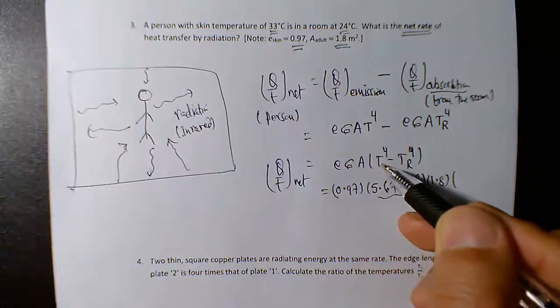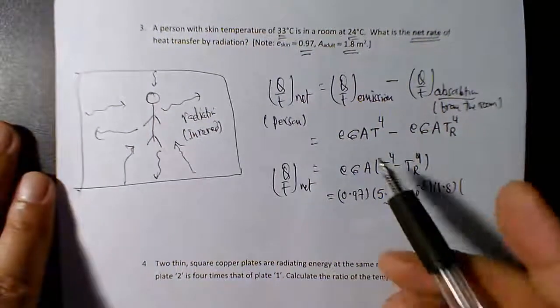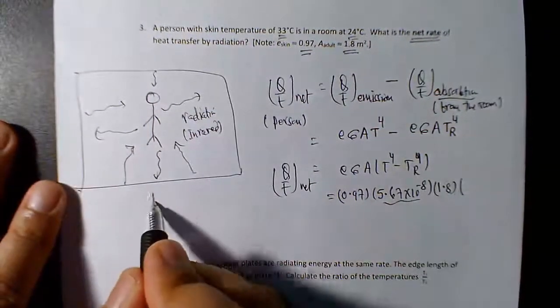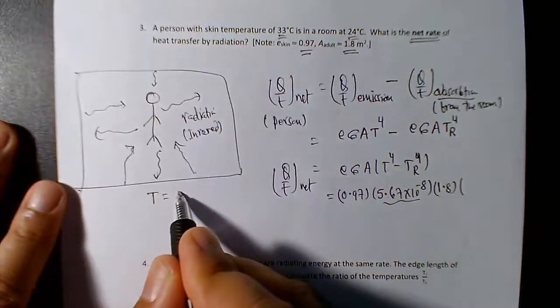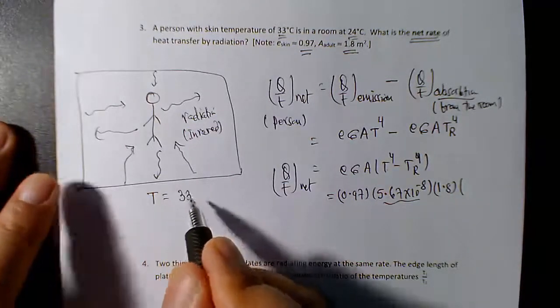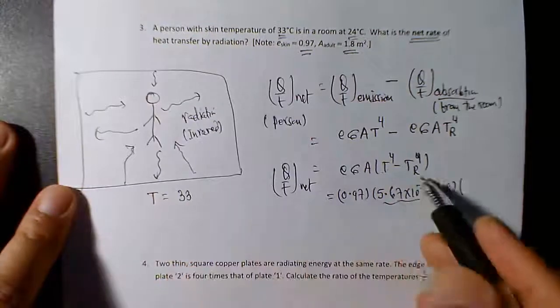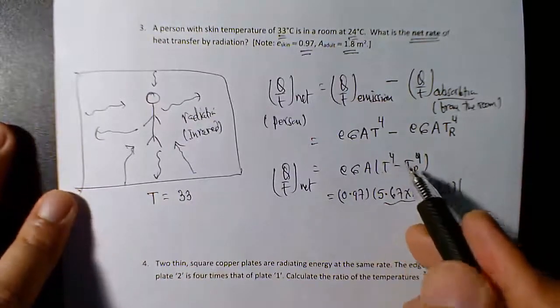Now here, since these are the individual temperatures, you must convert temperature into Kelvin, otherwise it won't work. Since these are the individual temperatures, it's not just the difference, it's the power 4 difference.